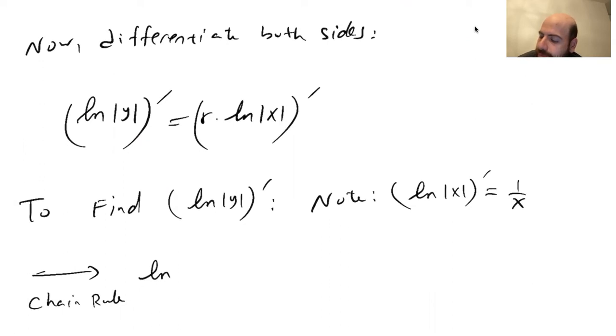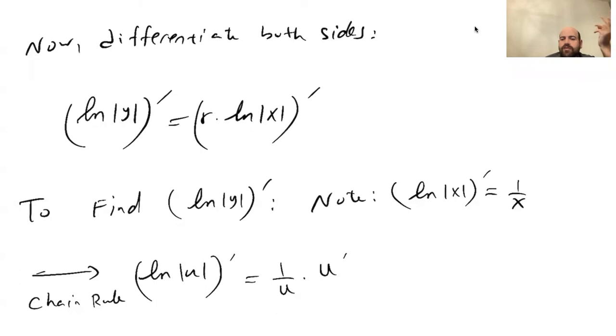the derivative of ln absolute value u, let me say, will be 1 over u times u prime, right? Because chain rule says that if you have a function, let's say f of x, it has the derivative f prime of x. Now, if instead of f of x, you look at f of u, what will be the difference?